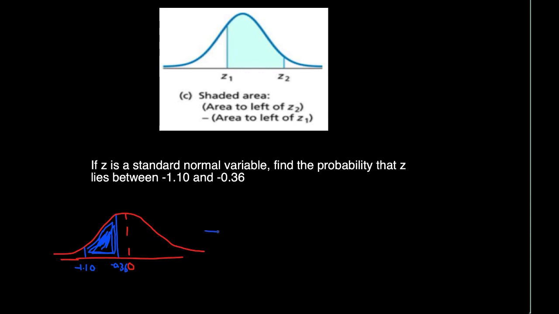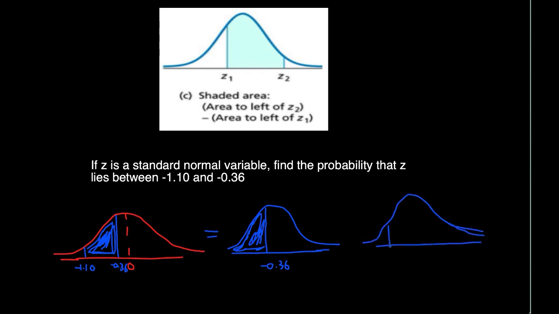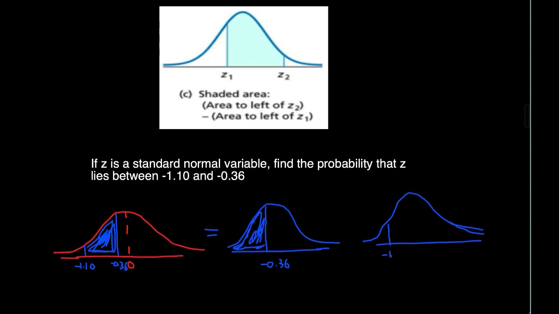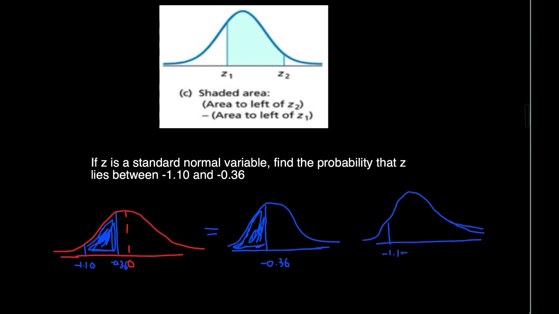How do we find it? First, find the area less than negative 0.36 using the table. Then find the area to the left of negative 1.10.